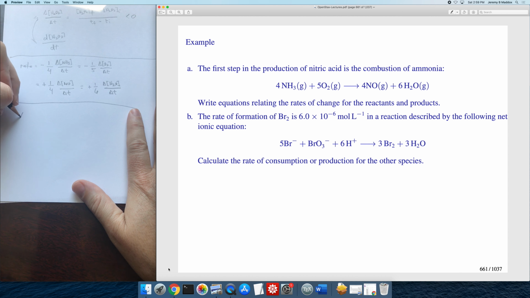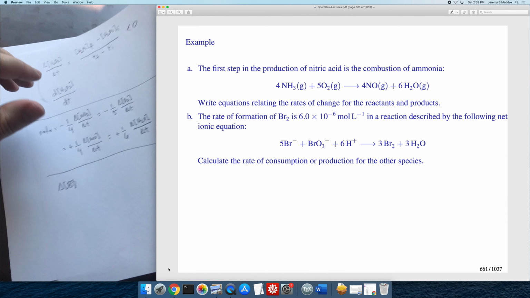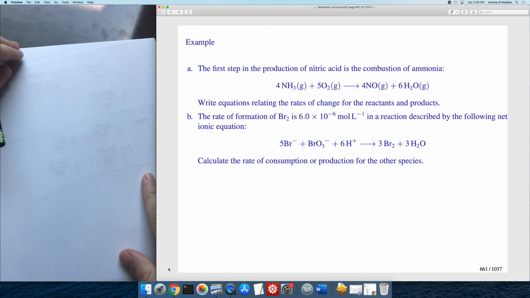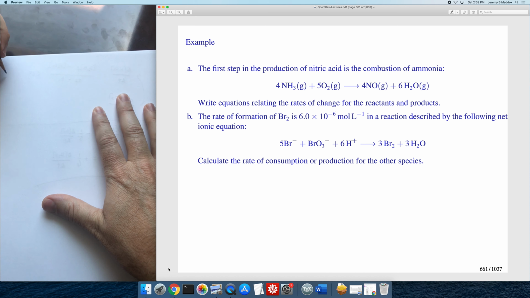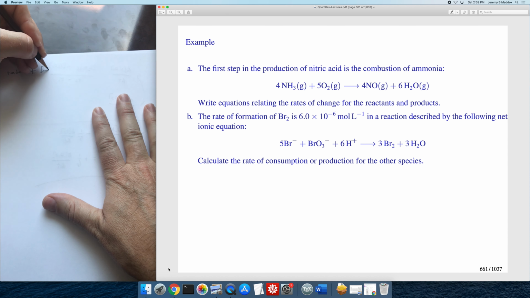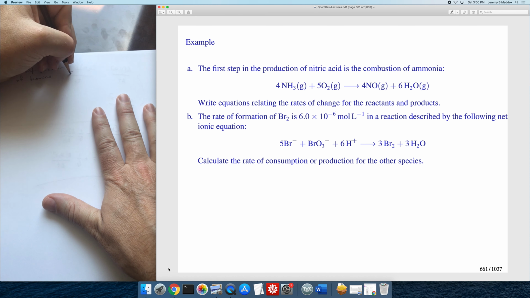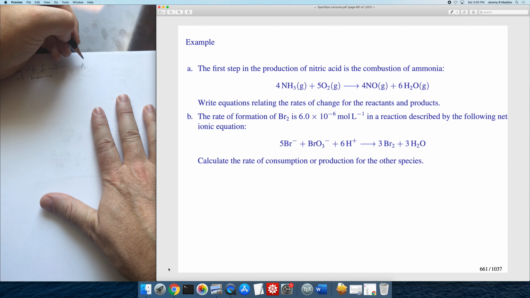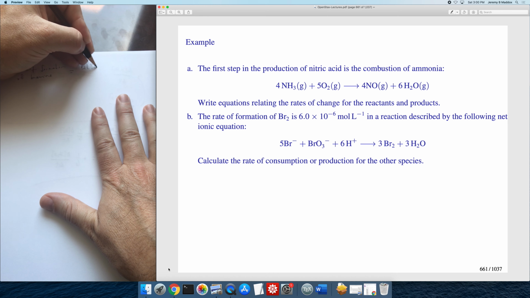And so the rate of formation of bromine, here, I'm going to do a new sheet of paper. And I'm going to write it out in words. So the rate of formation of bromine, and you could do this for any product, would be equal to the change in the bromine concentration divided by change in time.